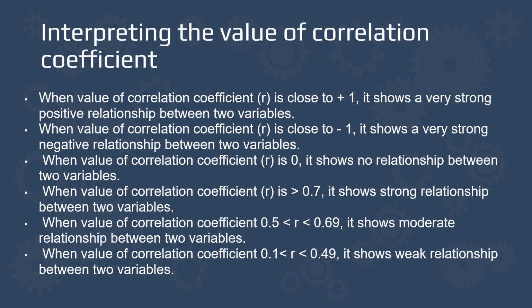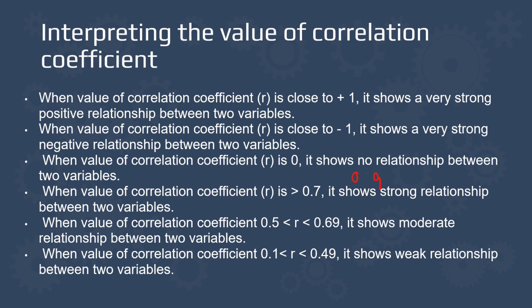Now that we understand how to calculate the correlation coefficient, and we know that the value ranges between -1 to 1, let's go into how to interpret the value in more detail. For example, if the correlation coefficient r is greater than 0.7, for example 0.9, we can say that there is a strong positive relationship.